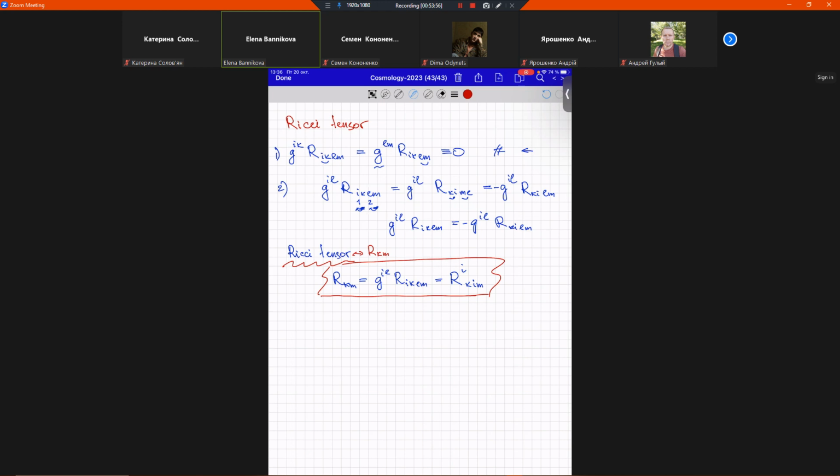So the Ricci tensor is the tensor which we can create using the Riemann tensor with a swapping with the first and the third indexes.